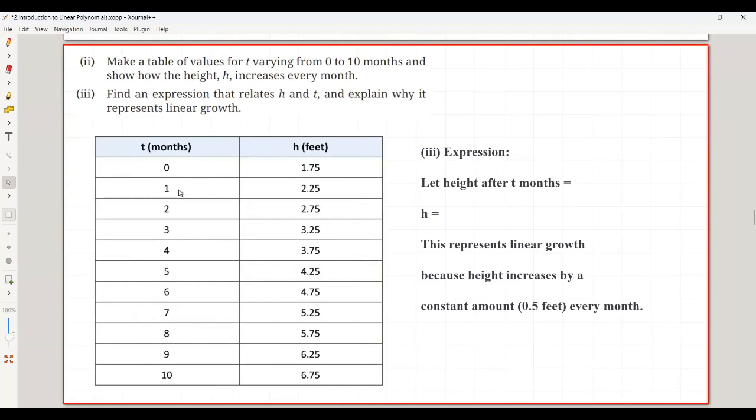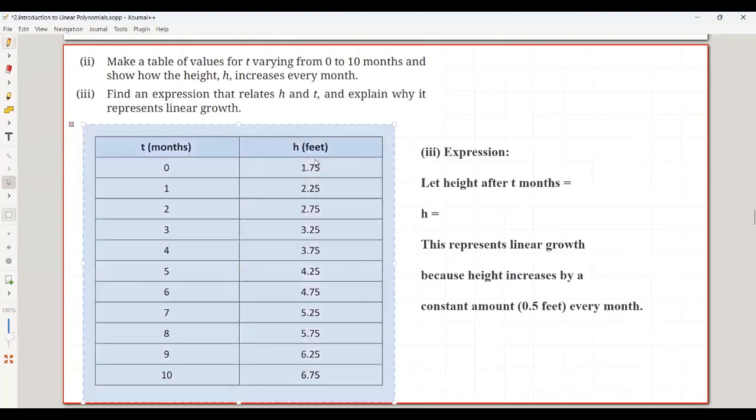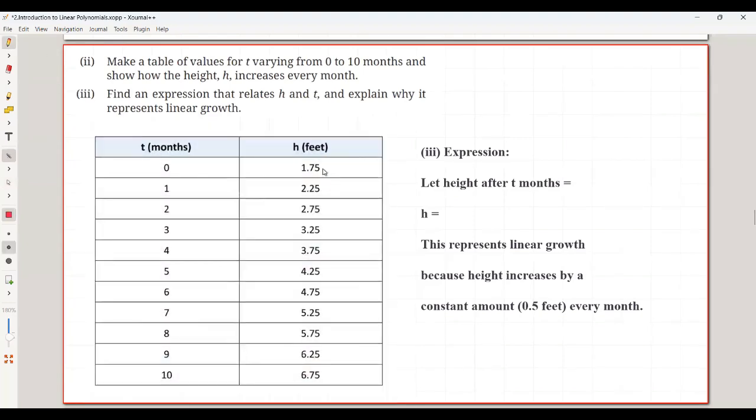After 1 month, every month is increasing by 0.5 feet. Therefore, after 1 month it will become 2.25. How are we getting this? With this I have to add 0.5, 1.75 plus 0.5, so you will be getting 2.25.